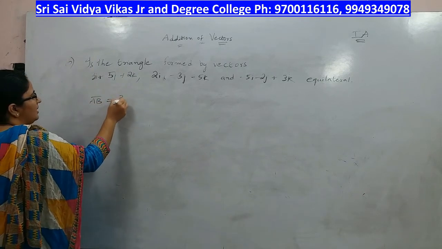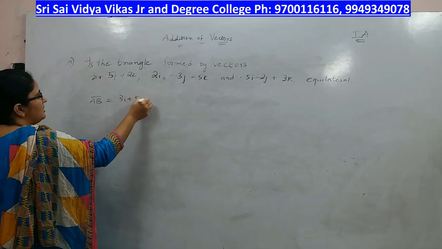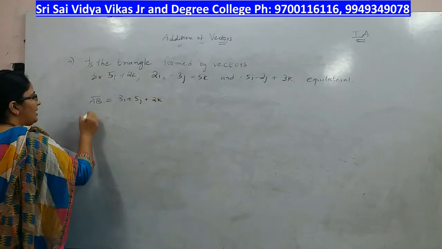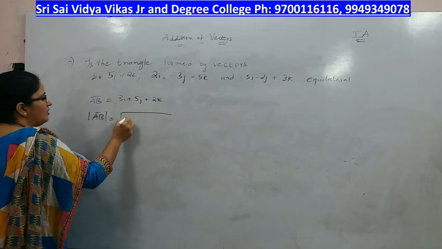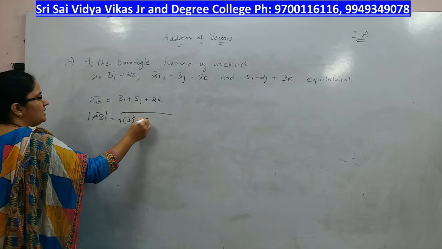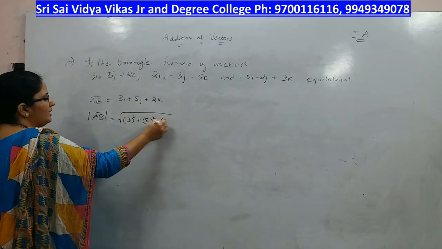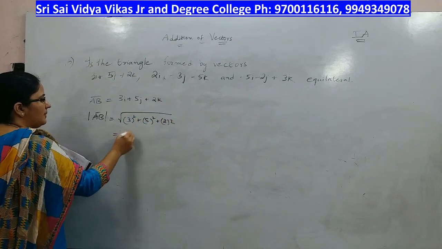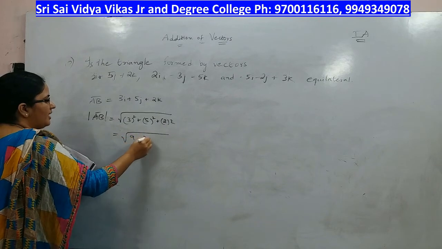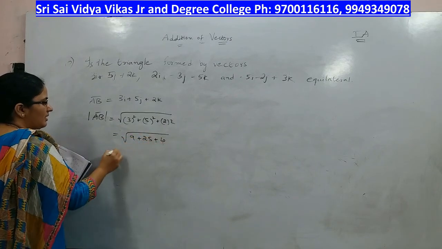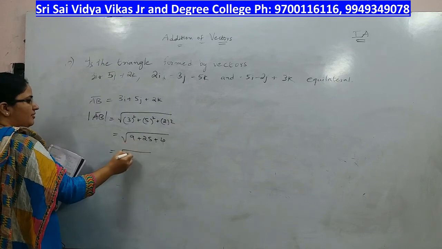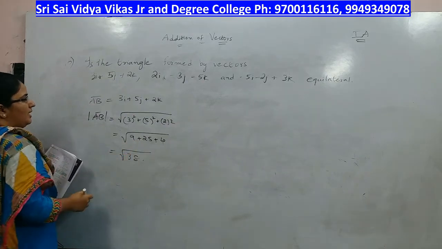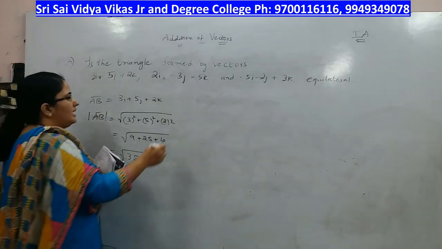AB is equal to 3i plus 5j plus 2k. So I have to find the modulus of AB. Modulus of AB is nothing but under root of 3 square plus 5 square plus 2 square, that is 9 plus 25 plus 4. 9 plus 25 is 34, 34 plus 4 is 38. AB you got it as root 38.